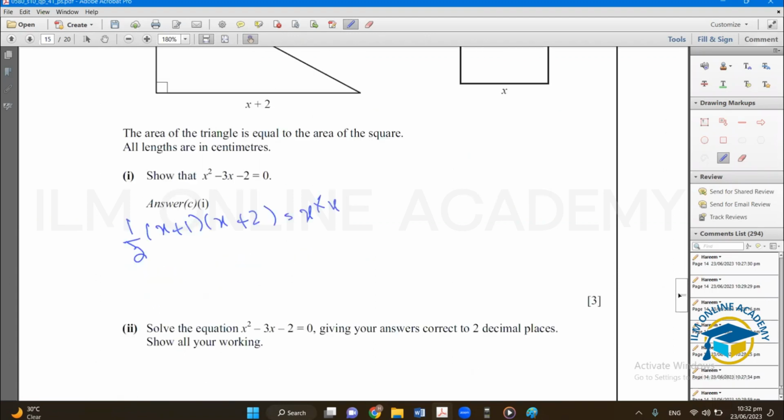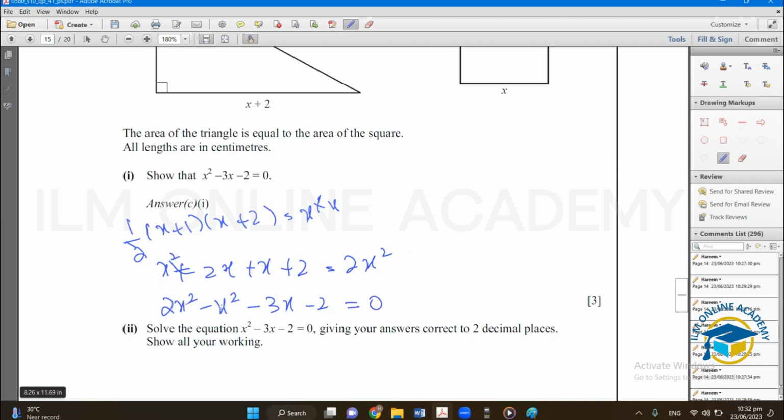So x plus 1 plus x plus 2, it will make x square and plus 2x plus x plus 2 equals 2x square. So 2x square minus x square minus 3x minus 2 equals 0, and 2x square minus x square will ultimately make x square minus 3x minus 2.